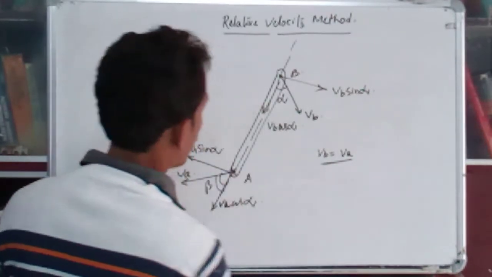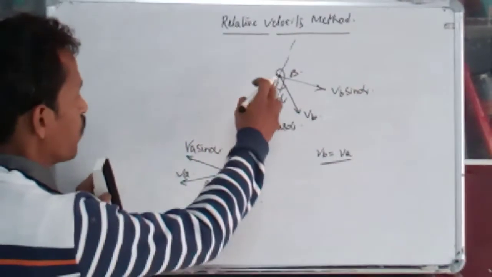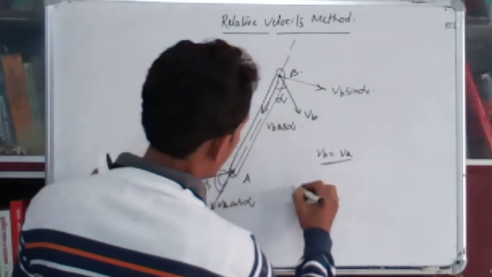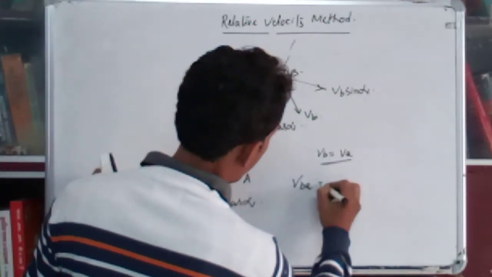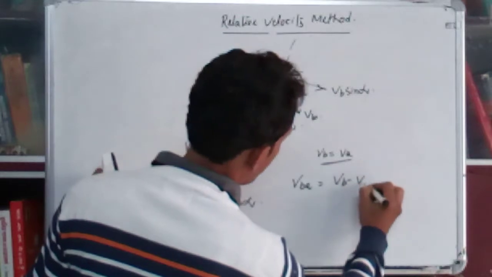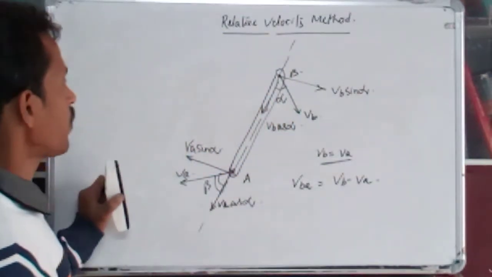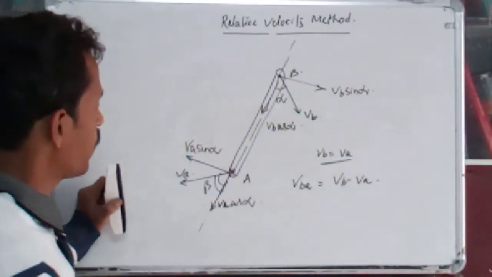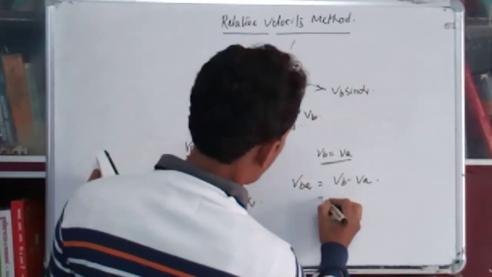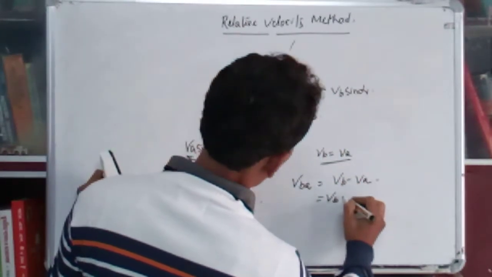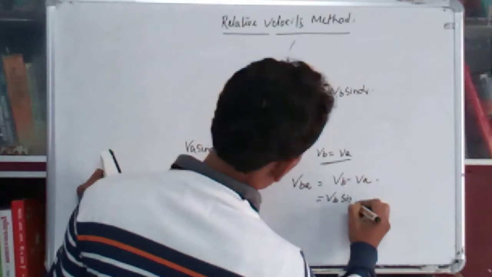Now, what will be the relative velocity of B with respect to A? Suppose VBA, so VB minus VA. What will be VB minus VA? VB is VB sine alpha.